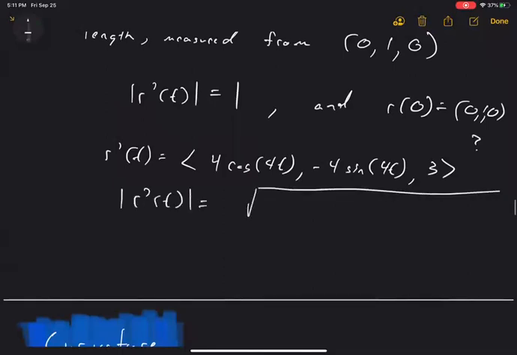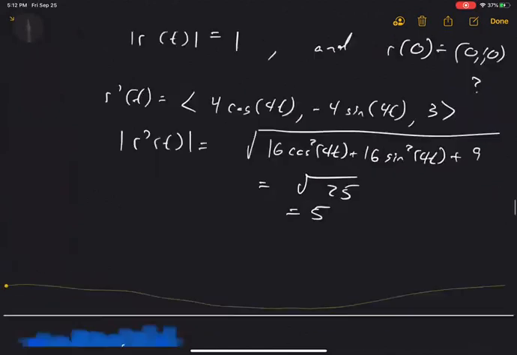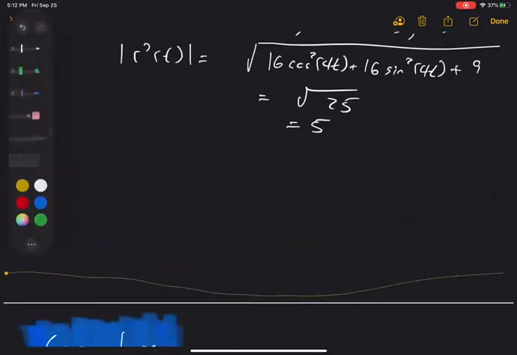It's the square root of 16 cosine squared 4t plus 16 sine squared 4t plus 9, which is equal to square root of 25, which is equal to 5. So our magnitude of r prime of t is not equal to 1. So this t is definitely not our arc length parameter. So we've answered our first question.